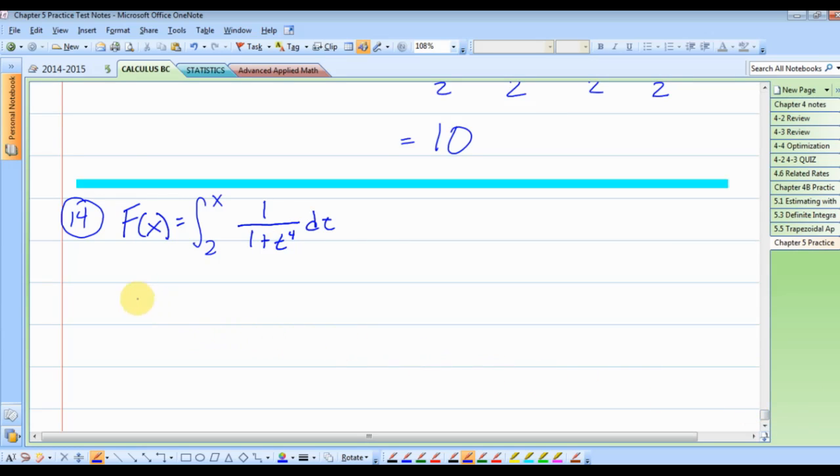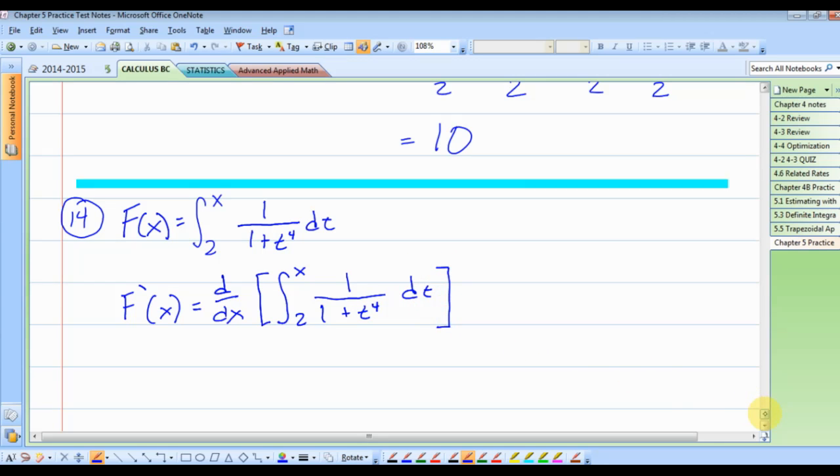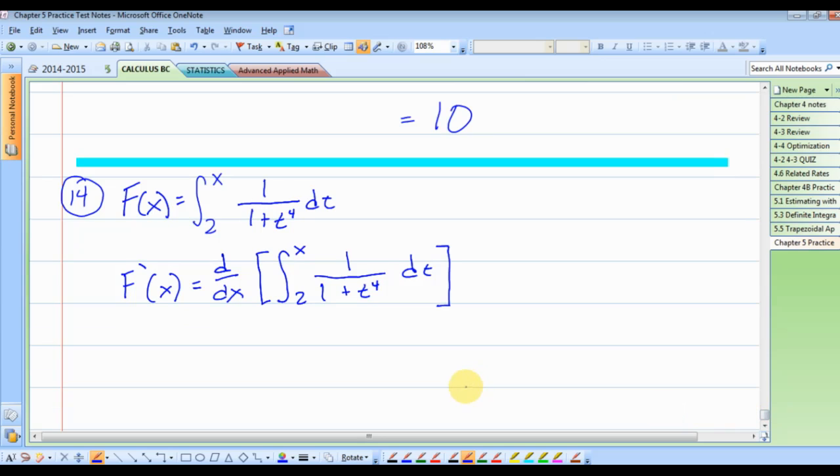So, f prime of x. I said it earlier, take the extra time to write that d dx. Once you write that d dx, it becomes really obvious what you need to do. It looks like the derivative of an integral.